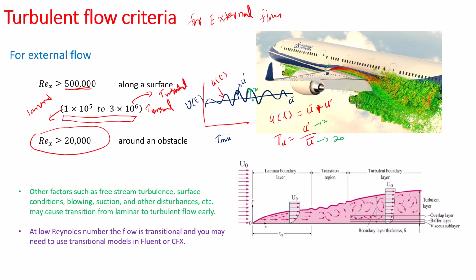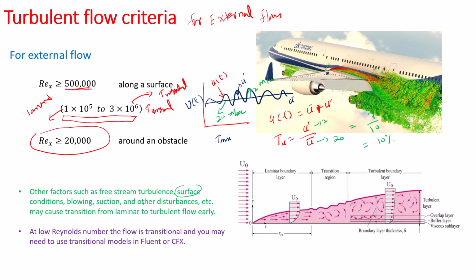That is not true in the real sense, but for the purpose of analysis we can assume the fluctuations are equal on both sides of the mean value. So the mean is 20 meters per second and the fluctuation is 2 meters per second. If we divide, this is 1 upon 10, which is 10%. It means the fluctuations from the mean value are 10% of the mean value. This is what free stream turbulence, or turbulent intensity, denotes.